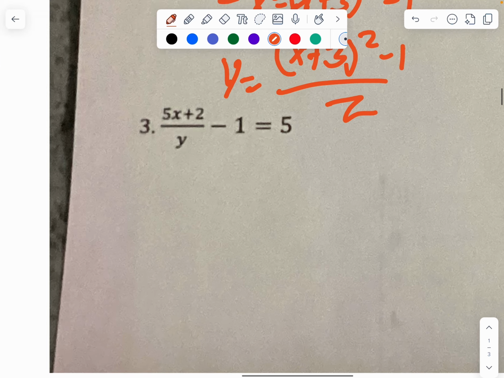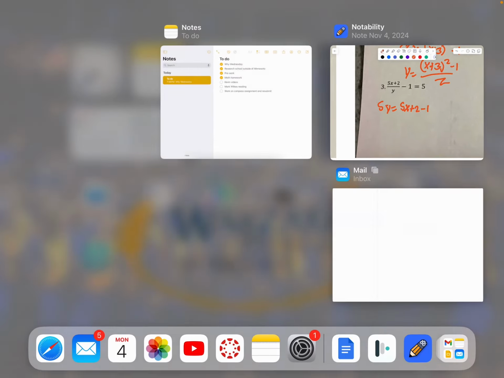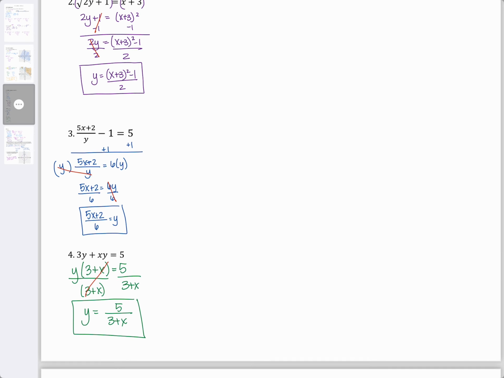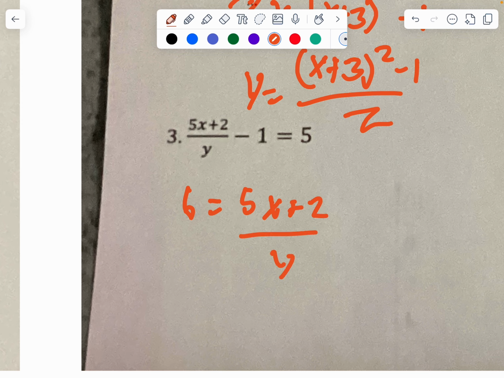Okay, solve for y here. So we'll multiply by y, and we get 5y equals 5x plus 2 minus 1. Oh, sorry. First, you're going to add 1. So 6 equals 5x plus 2 divided by y.